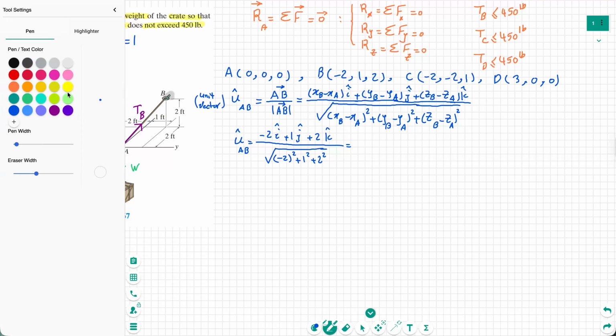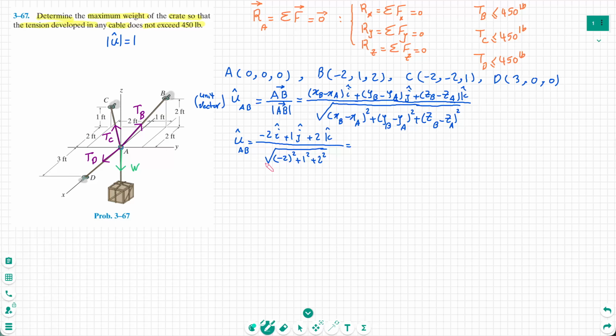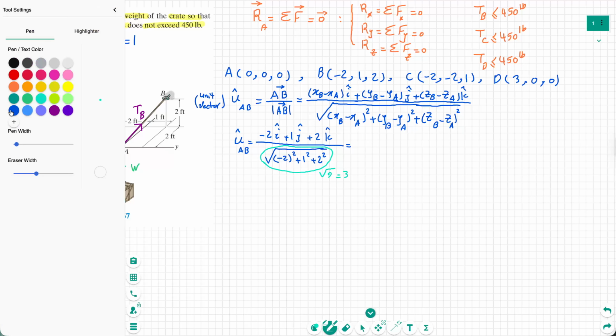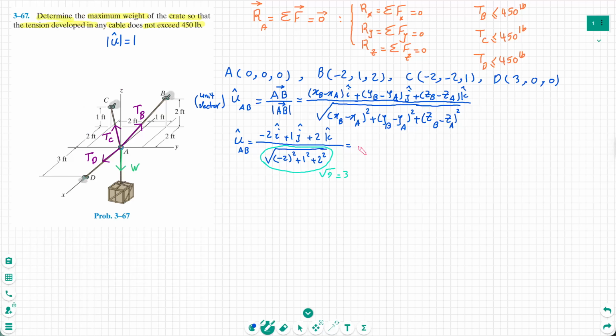So this part in the denominator is the square root of 9 that we can simplify to 3. 4 plus 4, 8 plus 1, 9. Okay, now what do we get? We get negative 2 over 3 i hat plus 1 over 3 j hat plus 2 over 3 k hat.